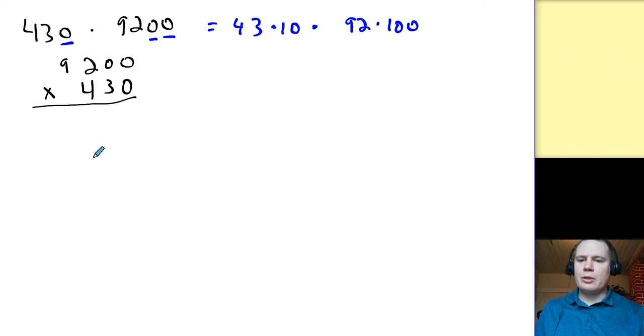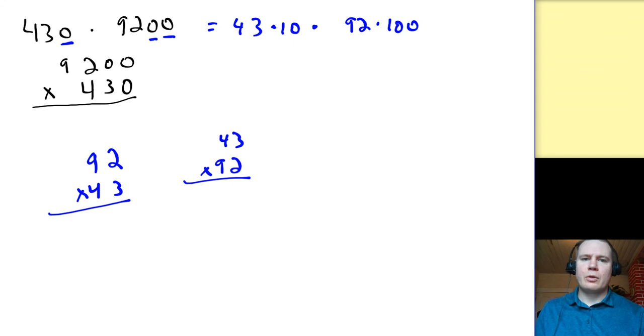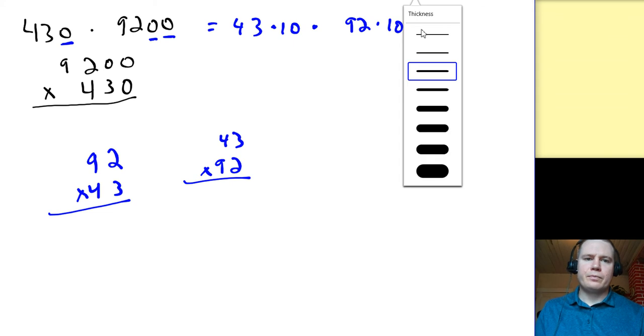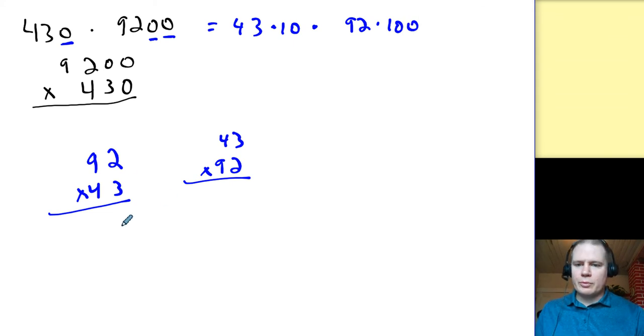Really what I need to do is 92 times 43, or 43 times 92, your choice. So 3 times 2 is 6, 3 times 9 is 27. Nowhere to carry it to, so start with 27.